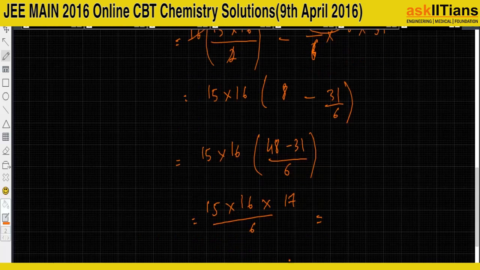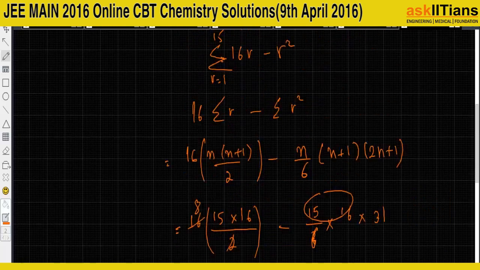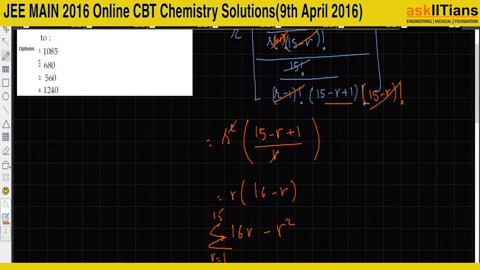Okay, so if I simplify this, 3 fives are 15 and 3 twos are 6, 8. So 40 into 17. Okay, 40 into 17, so this will be 680. Okay, so what is the correct option? Let's check. 680 is option 2. Option 2 is the right answer.